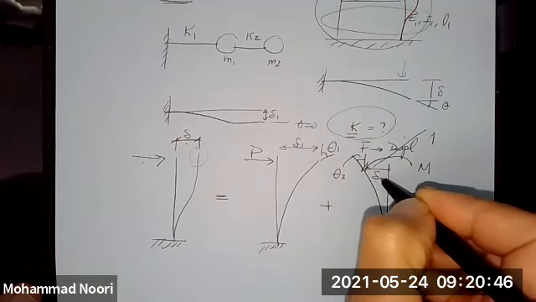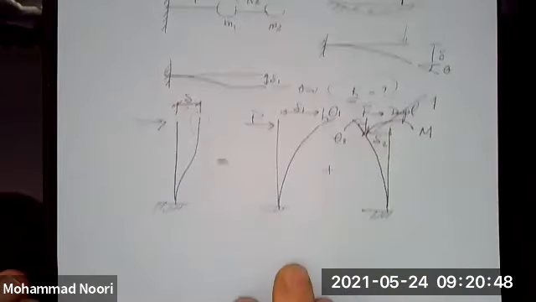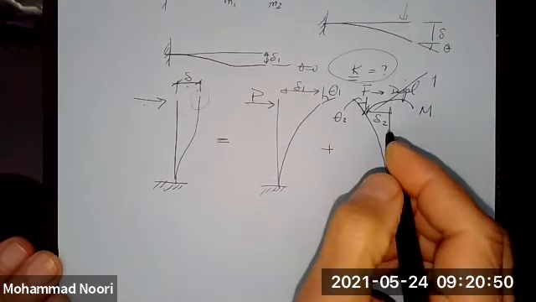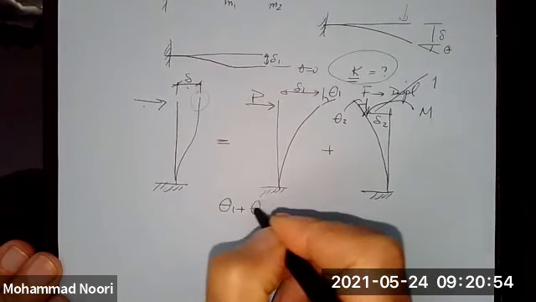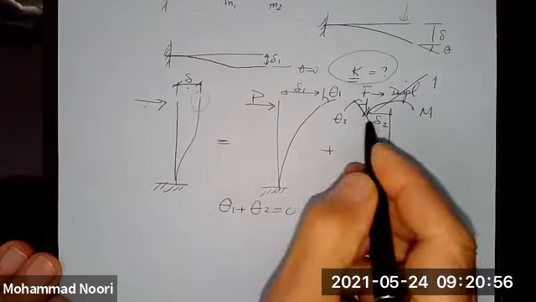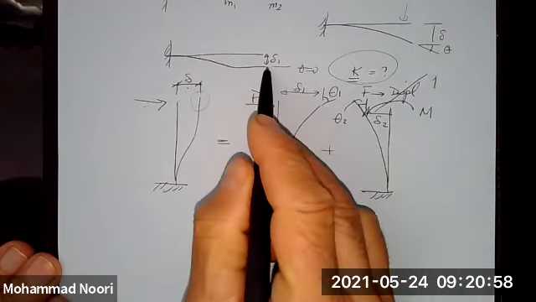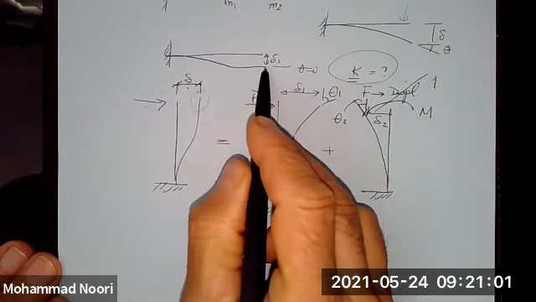Of course, this is causing a displacement on its own. So what you have in this superposition is the total angle of rotation is zero because there is no rotation that takes place.